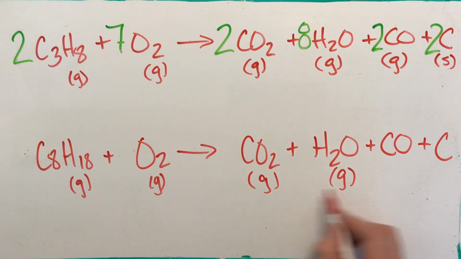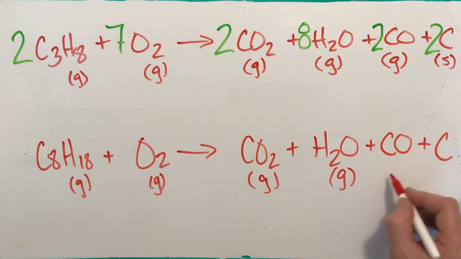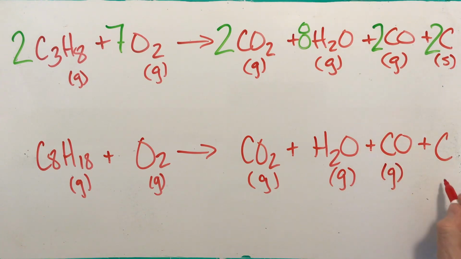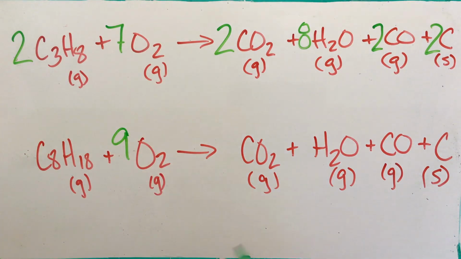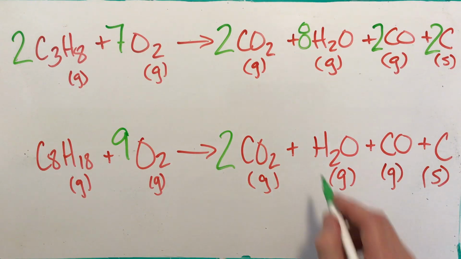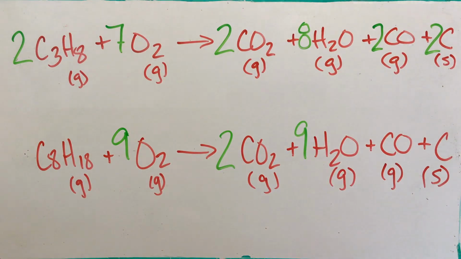Normally these little G's would go in behind these things, but the whiteboard is not huge. And to balance this one off, we simply add a 9 here, a 2 here, and a 9 here, and a 5 right there.